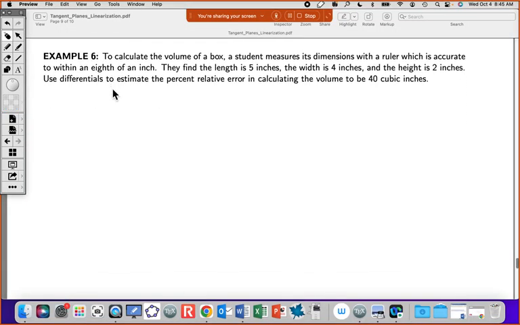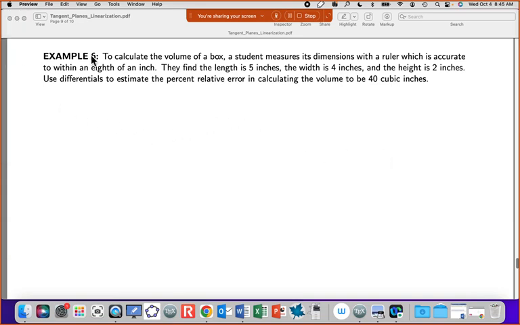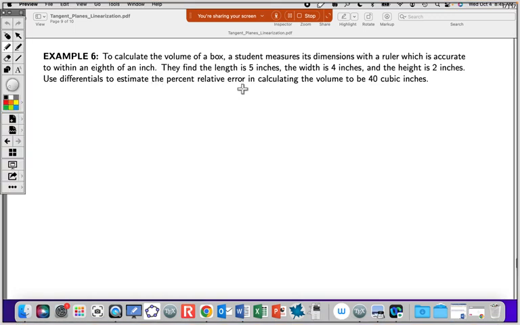To calculate the volume of a box, a student measures its dimensions with a ruler, which is accurate to within 1/8 of an inch. They find the length is 5 inches, the width is 4 inches, and the height is 2 inches. Use differentials to estimate the percent relative error in calculating the volume of the box to be 40 cubic inches. All right, so here's another application.